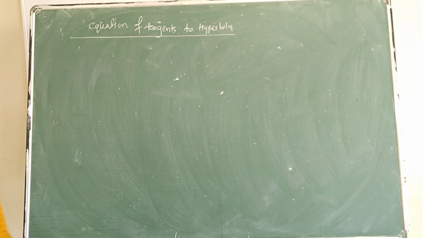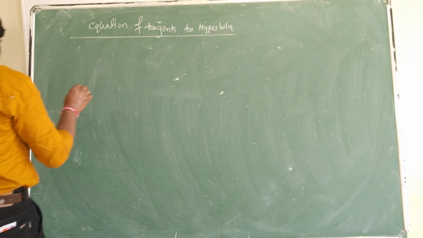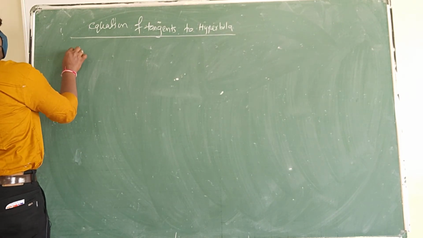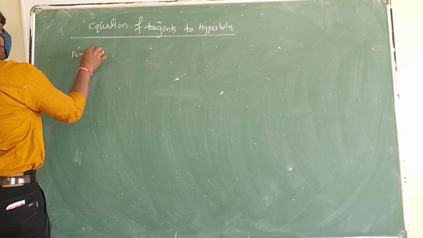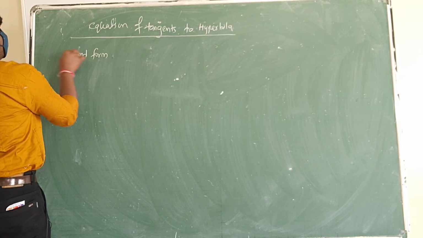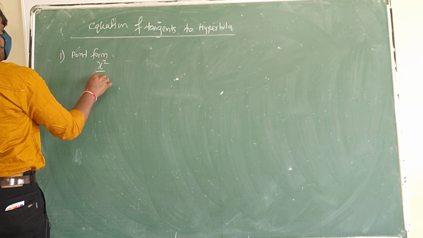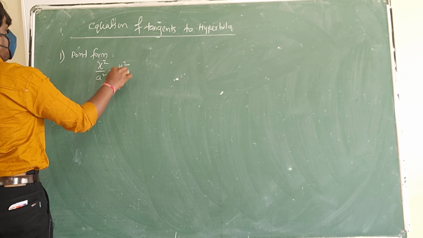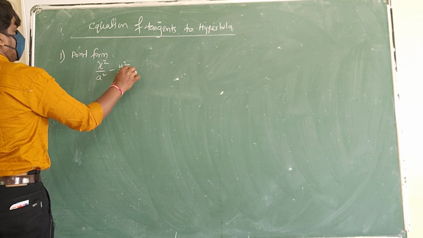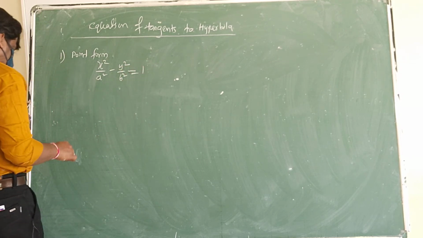See, equation of the tangent to the hyperbola has 3 forms. First form is point form. Point form means what here? Listen to me. X square by a square minus y square by b square is equal to 1. This is a hyperbola.